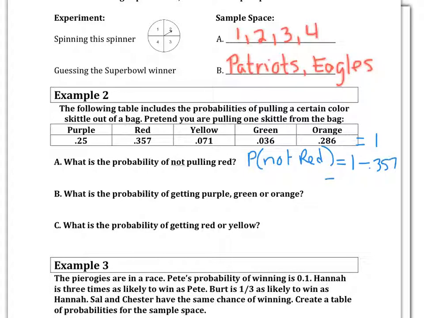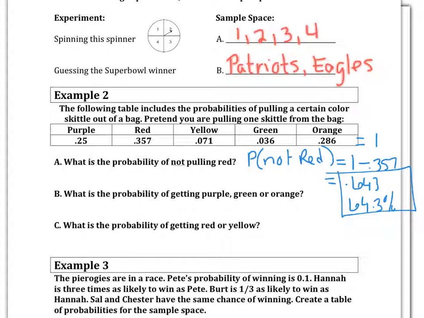So then as an answer, when we do 1 minus 0.357, we get an answer of, and it'll be a decimal of course, 0.643. So if you wanted to change that into percent form, you just multiply by 100 and you would get 64.3%.